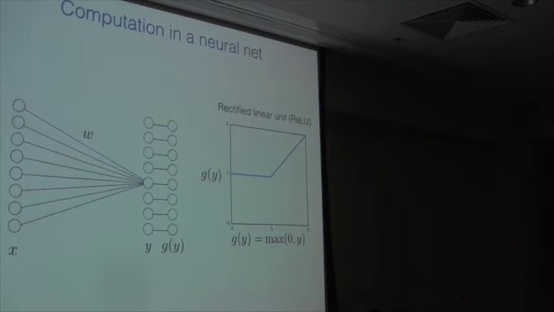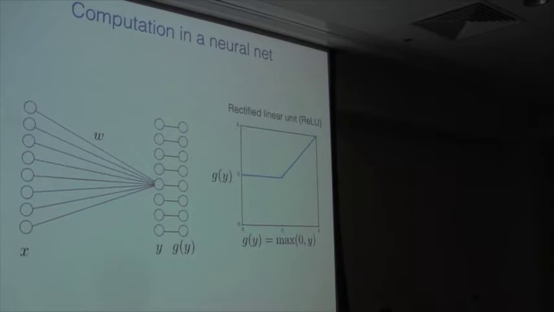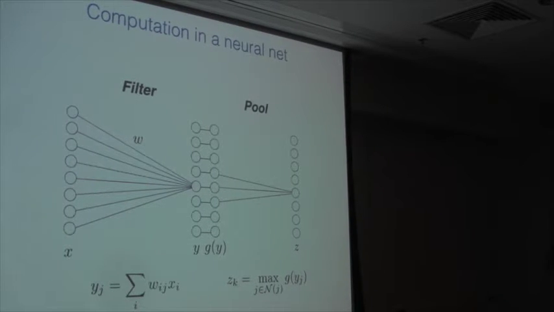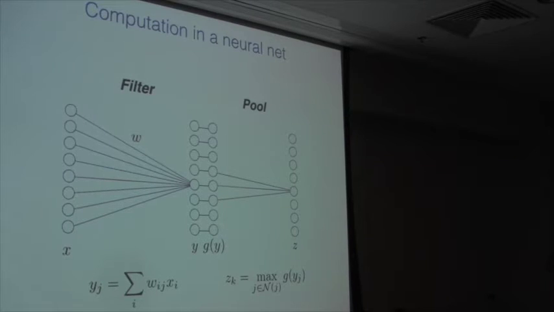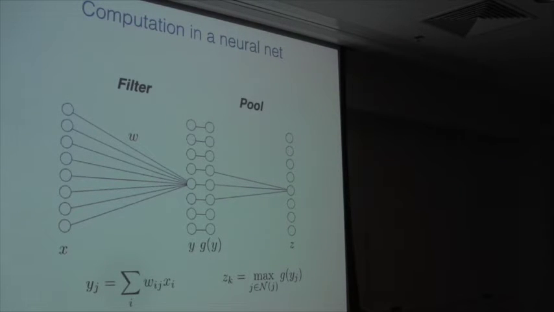OK. Now the third basic computational unit in these networks is a pooling operation. What this unit does is you take your representation after passing through the nonlinearity, and then you want to aggregate the information in some fashion. One popular kind is max pooling.